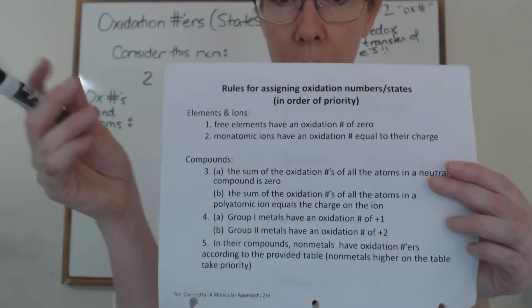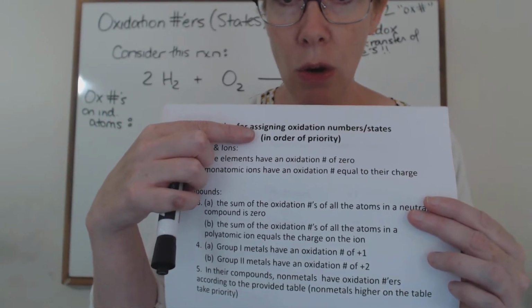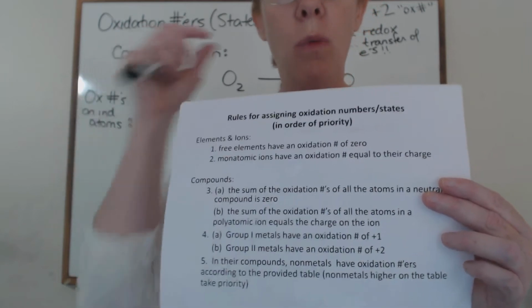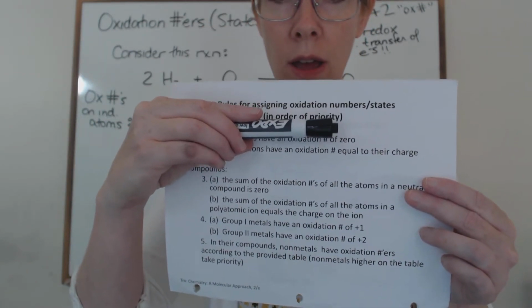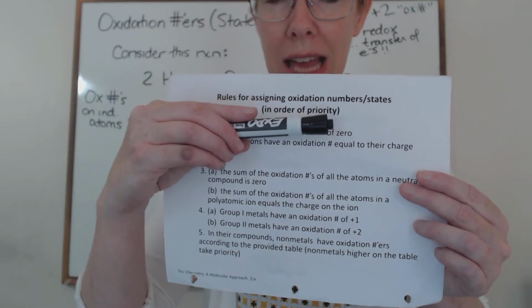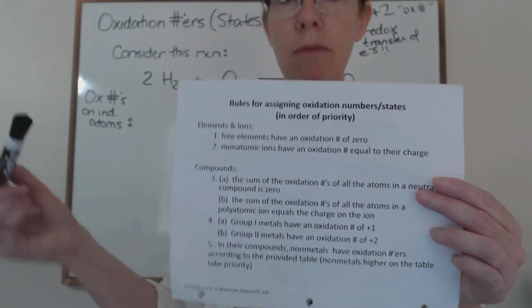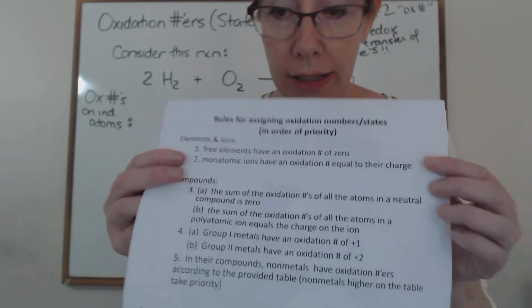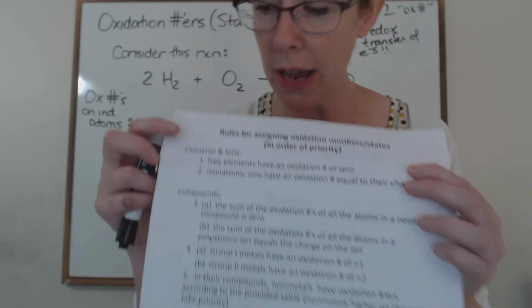The first thing I want you to notice is it says rules for assigning oxidation numbers, or states, in order of priority, which means that the top rules are more important, or at least you have to make sure you're satisfying them before you move down. I typed this up, and I think it's a little better than what the book had.